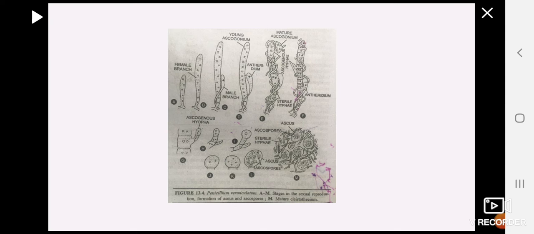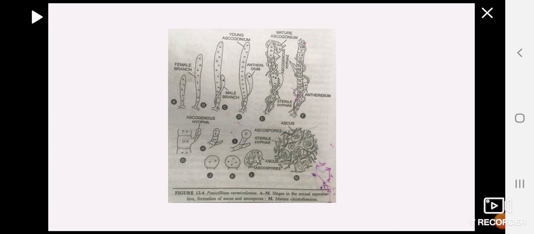You can see in the diagram how it is coiled around the ascogonium. And finally, it cuts off as a uninucleate antheridium by the formation of a septum. Now, you see here that it is a uninucleate antheridium.